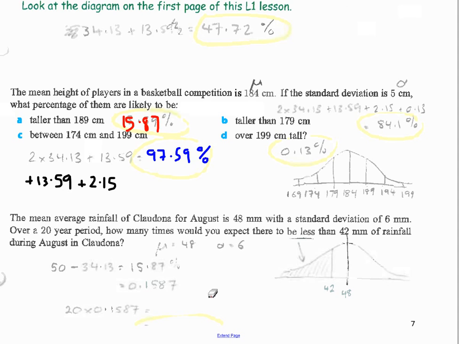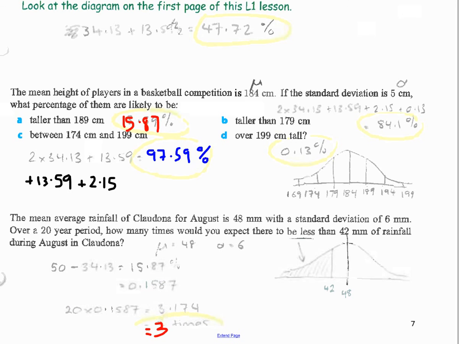So it would give you 3.174 times, which if you were to round that would be roughly 3 times. So equals roughly 3 times. Over 20 years, we would expect there to be less than 42 millimeters of rain in Caledonia. So we took the probability, which is 0.1587, and times it by 20 to work out how many times.